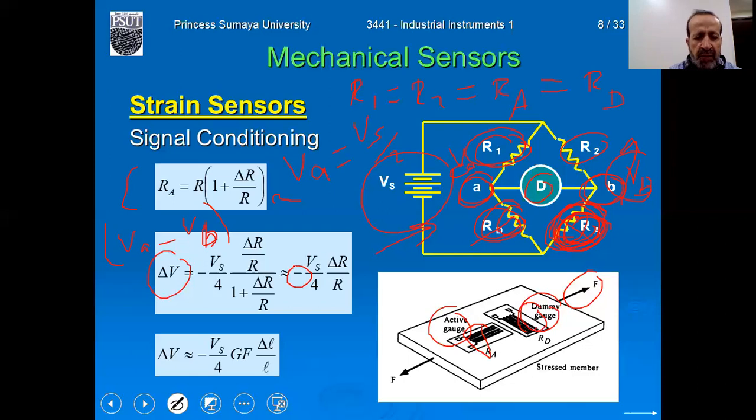After approximation, we can get delta V equal to Vs, the excitation voltage, times delta R over 4R.